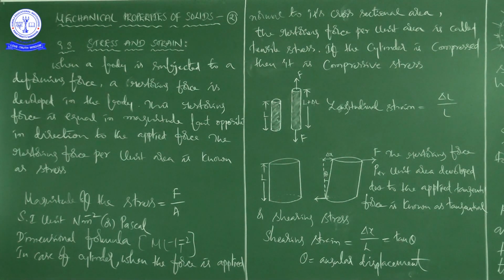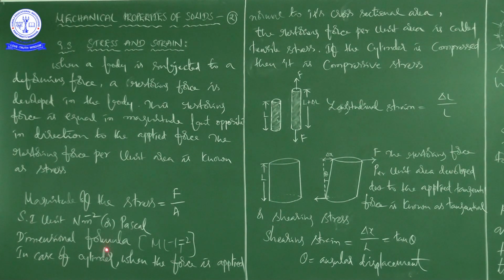Okay, right? What are the units of stress? The SI unit is Newton per meter square, and the CGS unit is dynes per centimeter square. I didn't write the CGS unit there, but if you know the SI unit, you can easily convert into CGS, right?